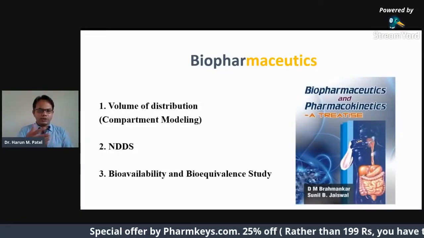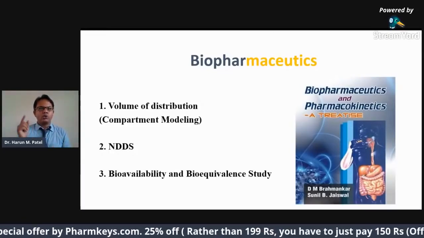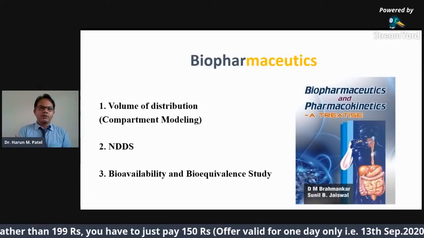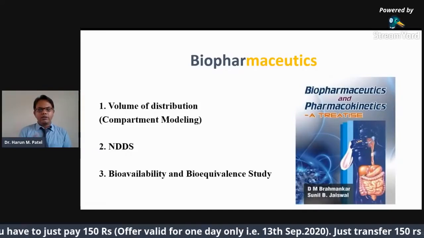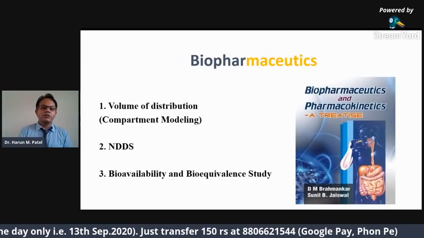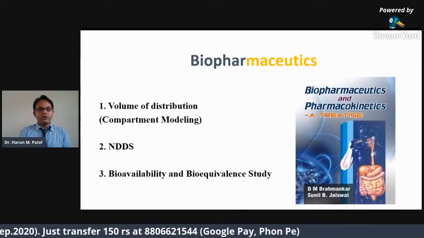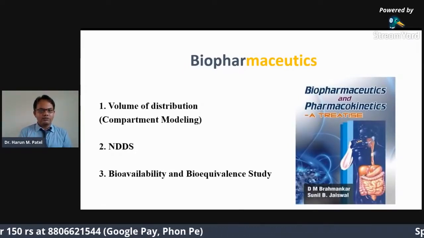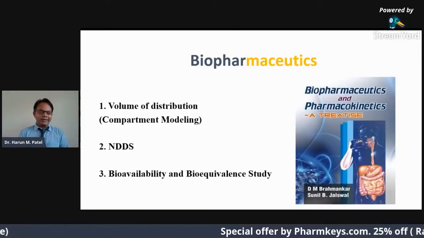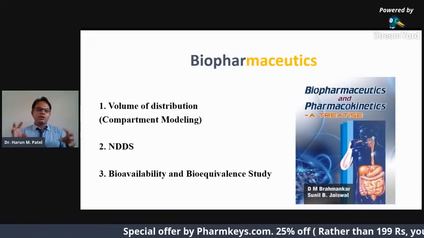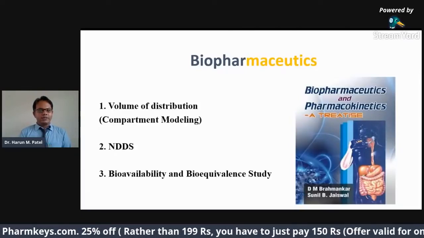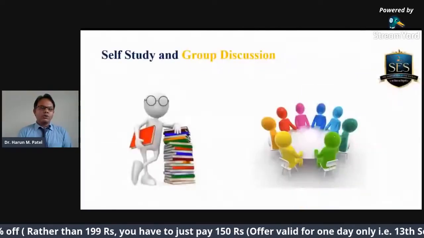I'm just adding that in the posology part you must remember the different mathematical problems, like allegation methods, then isotonicity problems, and then different kinds of formulae given for the calculation of a dose, like Young's formula, Clark's formula. These are some 4 to 5 topics of posology which you must read. And posology is common in 3 subjects, that is pharmaceutics, biopharma, and dispensing pharmacy. So this is all about the minor subject.